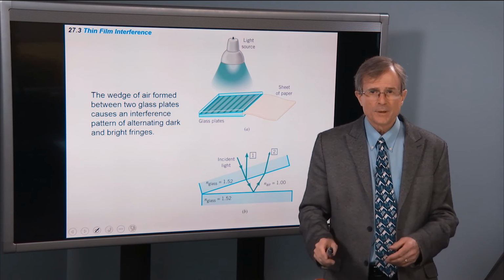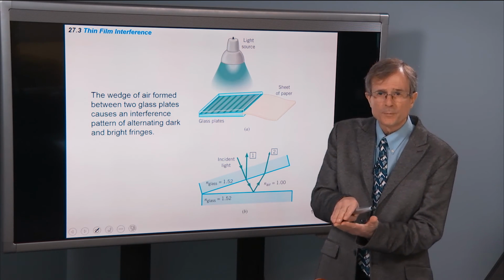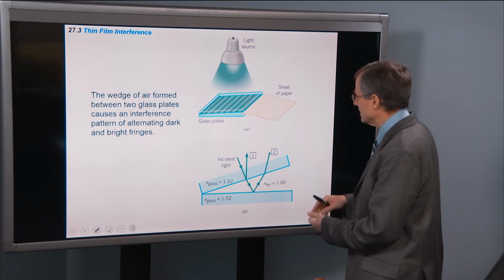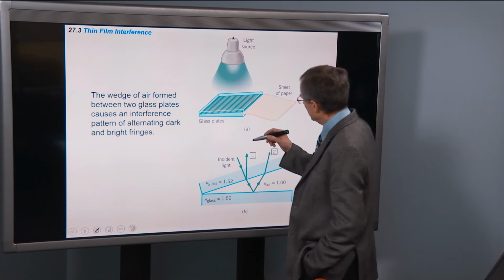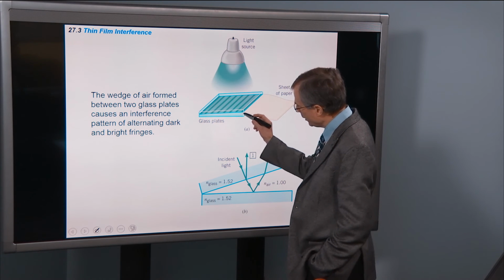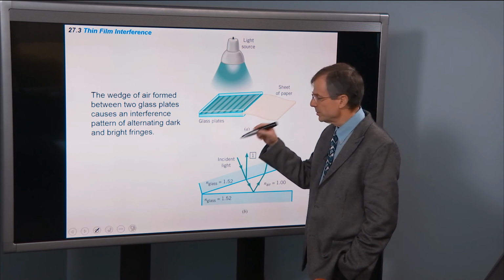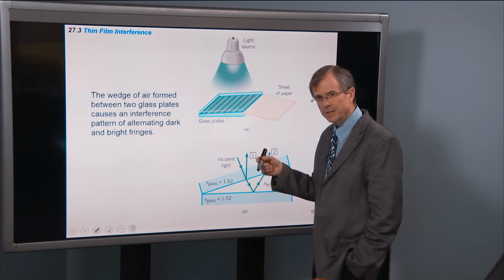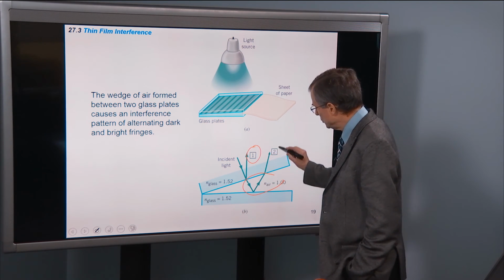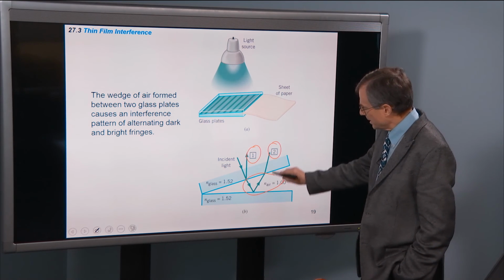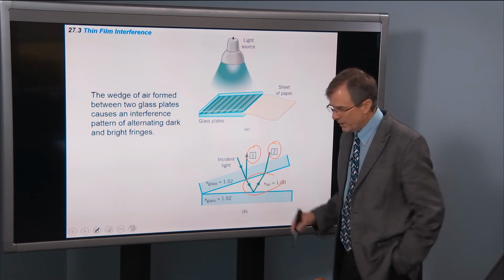Also, you can do the same thing with a wedge formed by two glass plates, where it's the air between the two glass plates whose thickness is changing, and you get interference fringes due to the two rays that come out through this thin wedge of air.